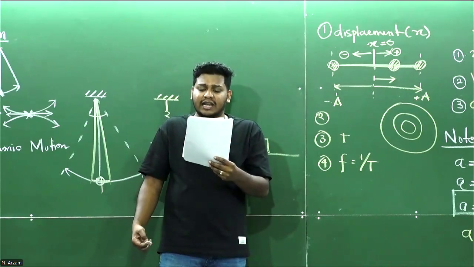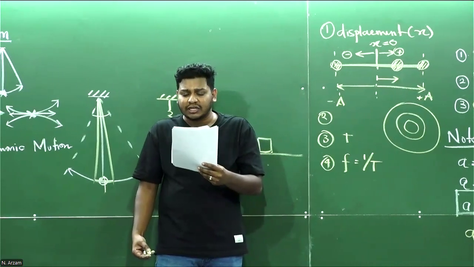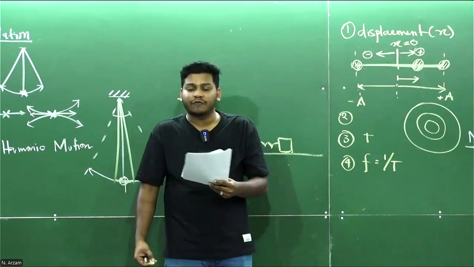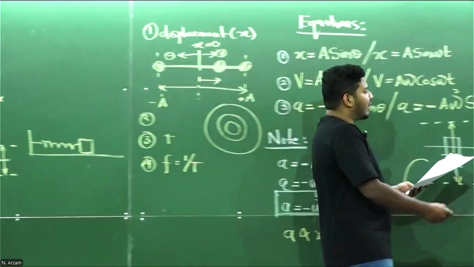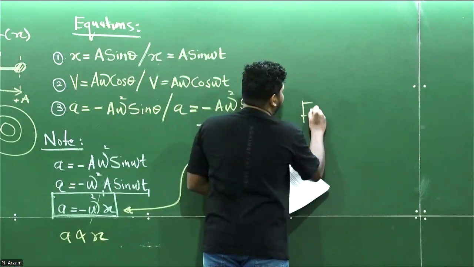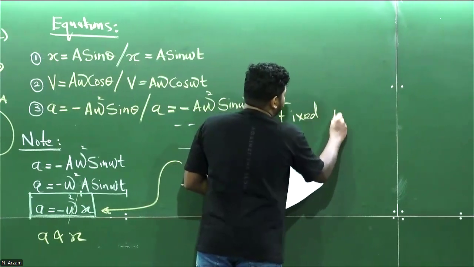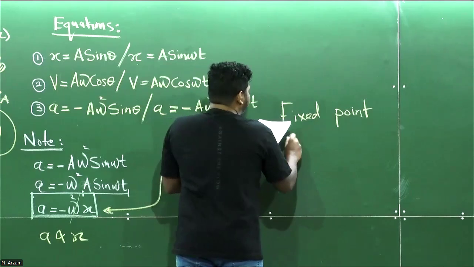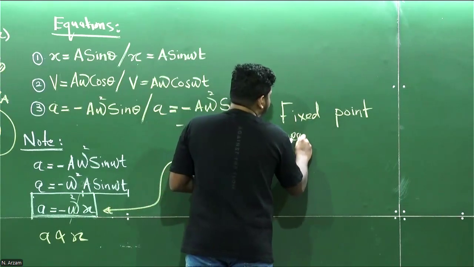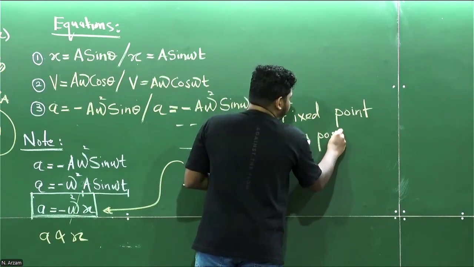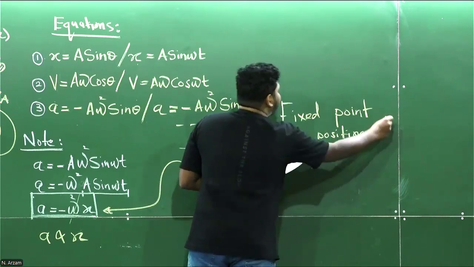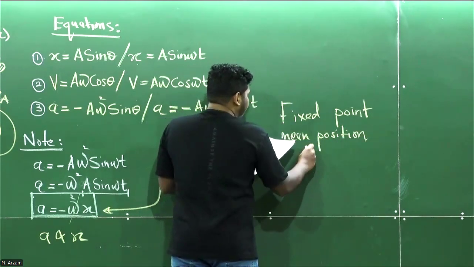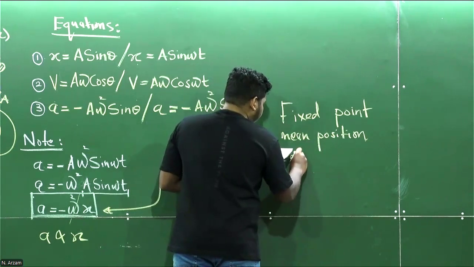The first one is the mean position, or equilibrium position, or fixed point. These three wordings are the same: fixed point, mean position, and equilibrium point.